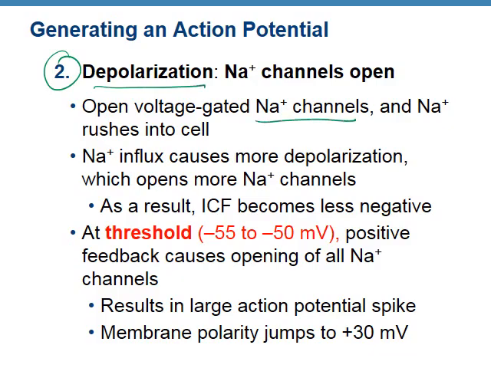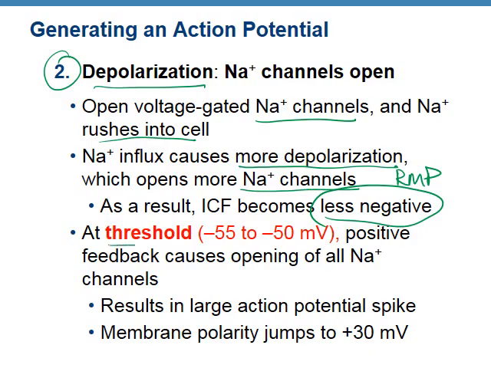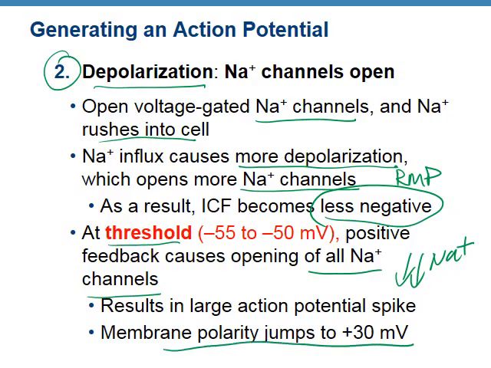So sodium gates are open, sodium rushes into the cell. This causes depolarization, which opens more sodium channels. The inside, the resting membrane potential becomes less negative. If it reaches threshold, which is -55 to -50, it's going to cause all of the sodium channels to open. The rush of sodium coming into the neuron creates a +30 millivolt spike or jump, and this is going to produce the action potential.